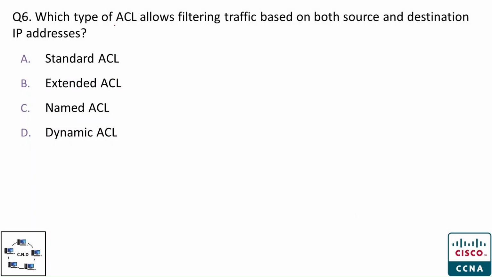Question number 6. Which type of ACL, that is access control list, allows filtering traffic based on both source and destination IP addresses? The options are: option A, standard ACL; option B, extended ACL; option C, named ACL; and option D, dynamic ACL. And the correct option is option B, extended ACL.